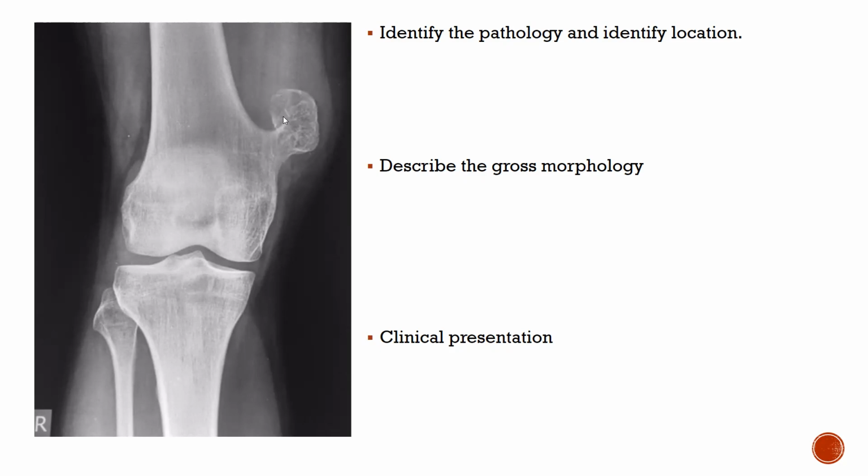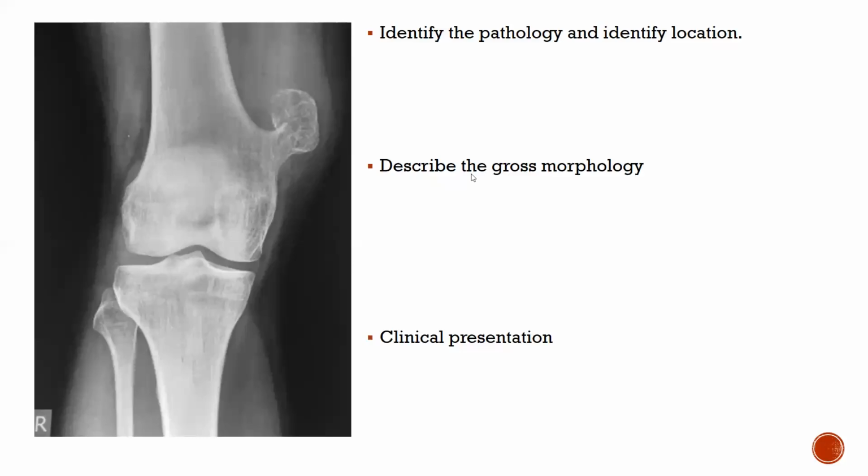You see a mass growing outwards like a projection, and the outer surface has a very knobby surface. So you just know that this is osteochondroma. It's also called exostosis. Most probably this is seen in the long tubular bone.